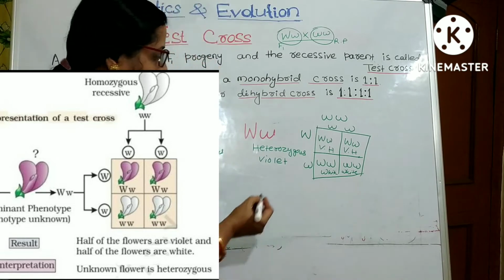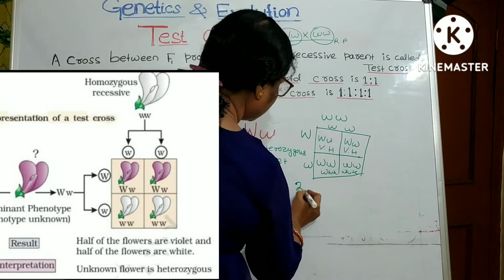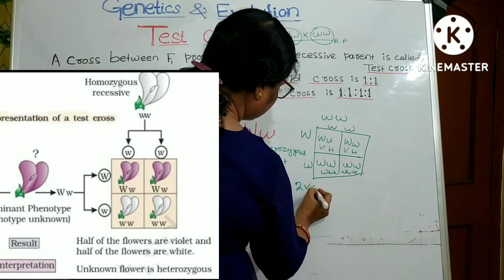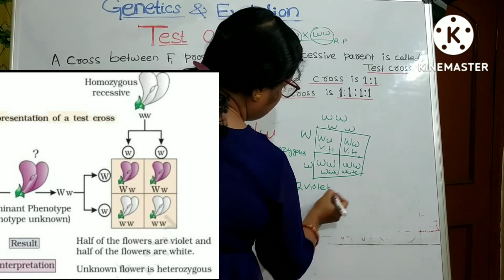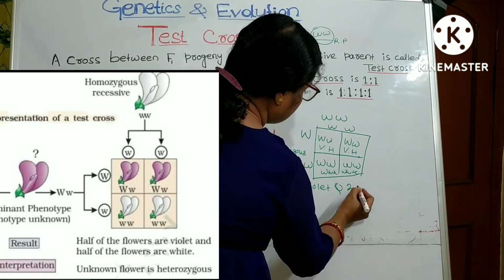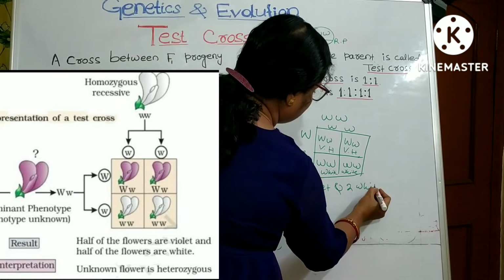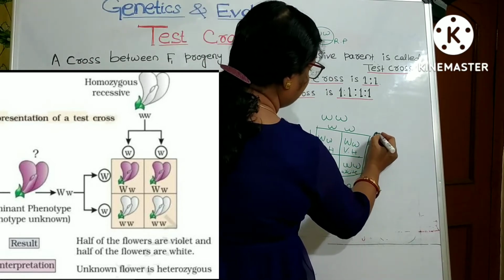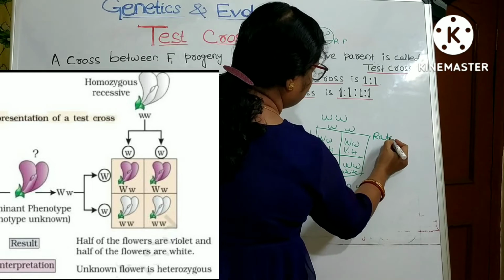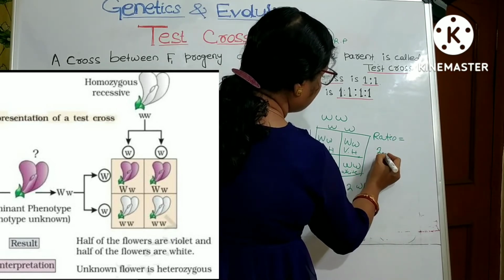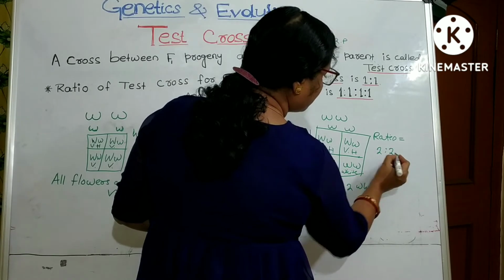So we can get two flowers with violet color and two flowers that are white. So the ratio will be 2:2.